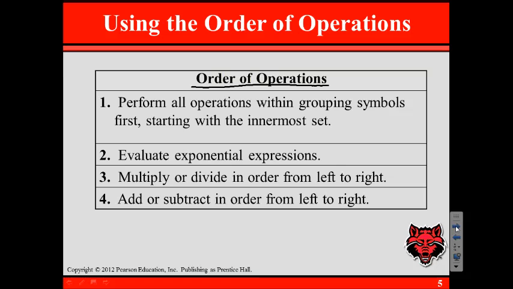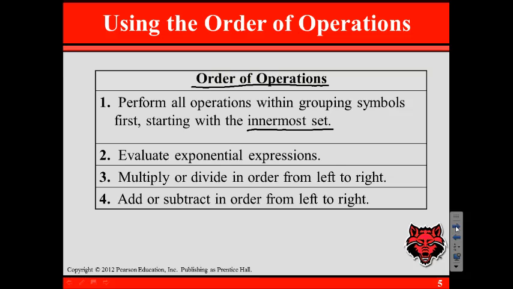So we have 4 different parts or 4 different operations, and here's the order. The first step, we perform all operations within grouping symbols first, starting with the innermost set. So sometimes if we have nested parentheses, if we have parentheses or grouping symbols inside of other grouping symbols, we start on the inside and we work our way out. Step 2, we evaluate any exponential expressions.